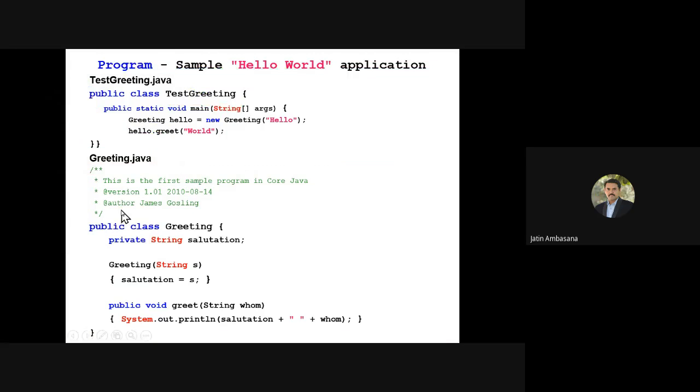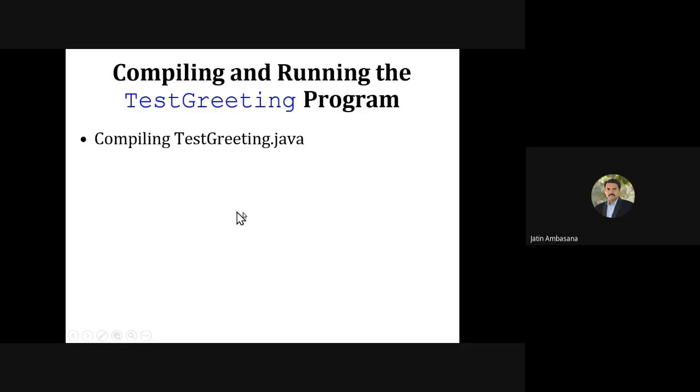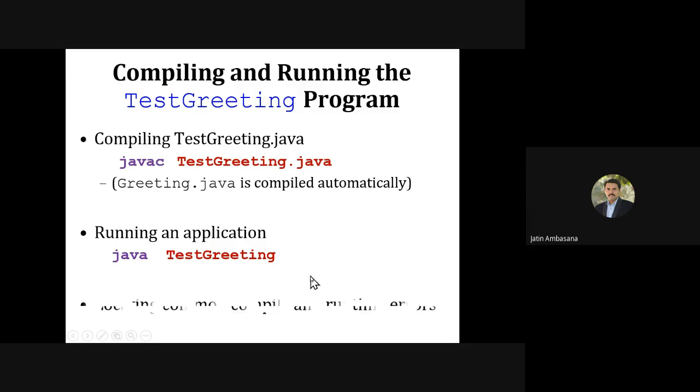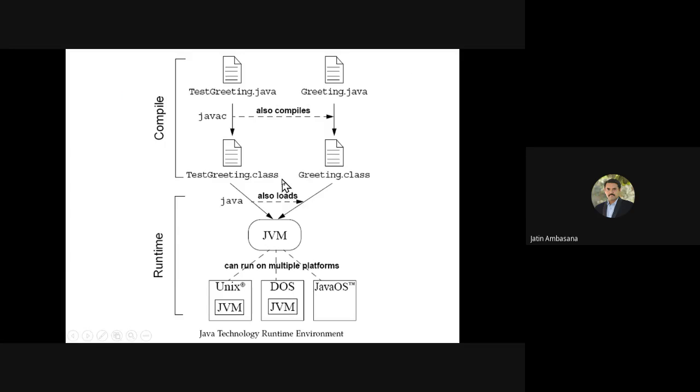That's what happens when you compile TestGreeting.java: Greeting.java also automatically gets compiled. When you run this application with java TestGreeting, that will run the TestGreeting class, and it will locate common compiler and runtime errors. So this is how you locate the error.